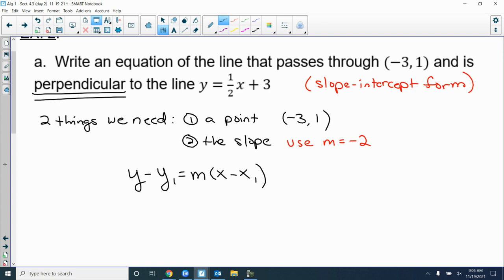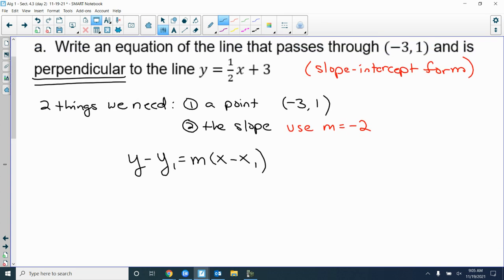All right, tell me what to put where. It'd be y minus 1. Good, because my y coordinate is 1. Equals negative 2. Got it. And then x minus negative 3. And a minus and a negative always becomes a what? Plus 3. I think we've done it enough. You can put plus 3.